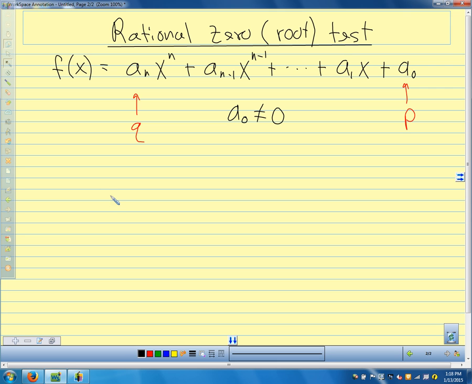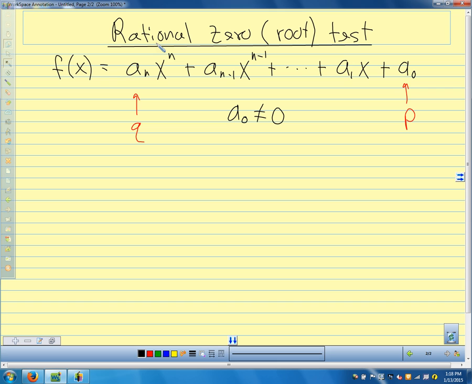And let's remember, if we're talking about a rational zero, what do we mean when we're talking about a rational number? What does a rational number mean? What's the root of this word, rational?